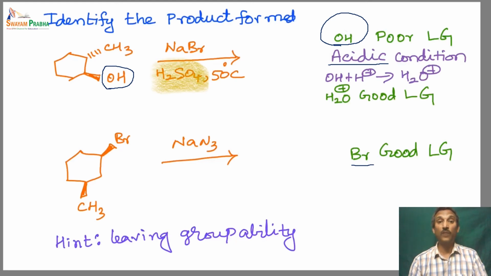So this is one of the hints you have to remember. OH as such cannot be replaced that easily. But when the OH is converted under acidic conditions to H2O plus, that becomes a very good leaving group. Remember this.